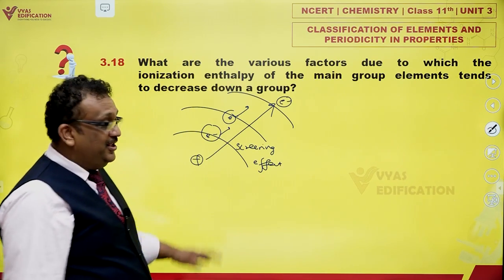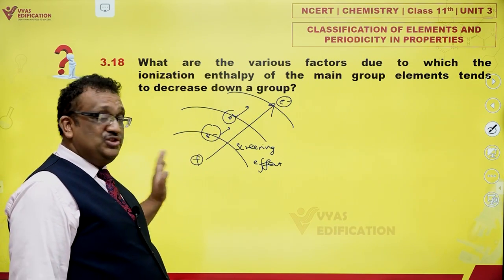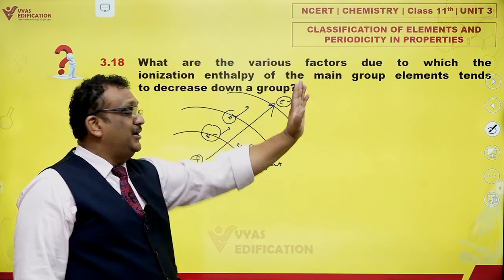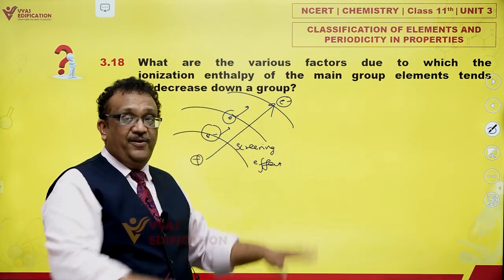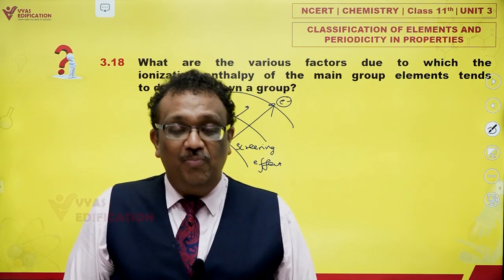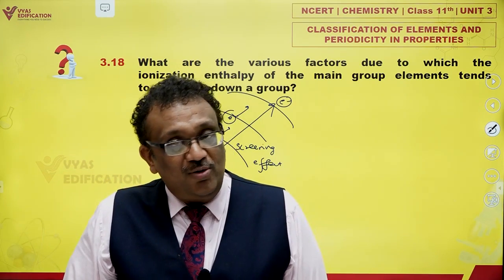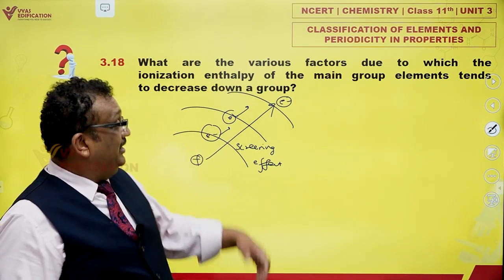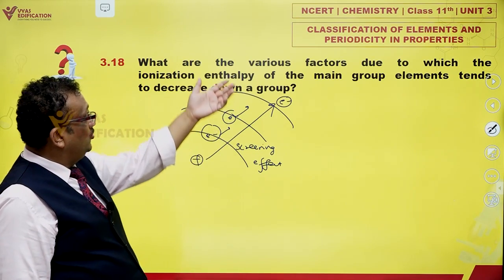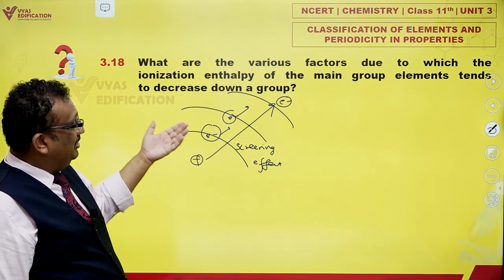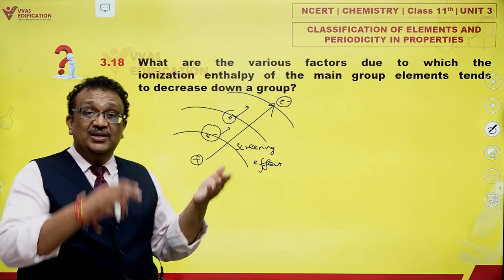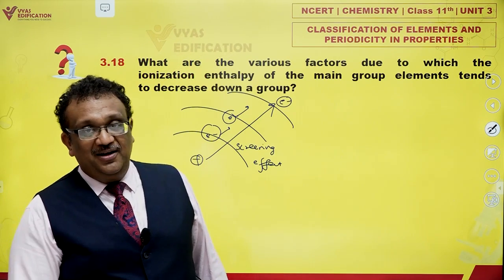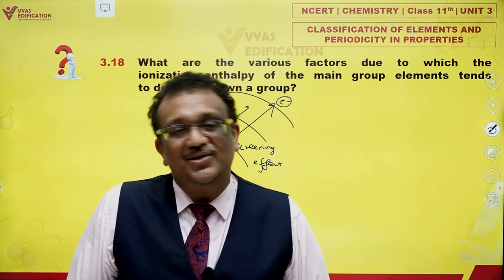They screen the outermost electron from the nuclear charge, or they repel that outermost electron and try to push it away, and that also tends to make the removal of the outermost electron somewhat easier. That is the reason due to which ionization enthalpy of main group elements decreases on moving down the group.